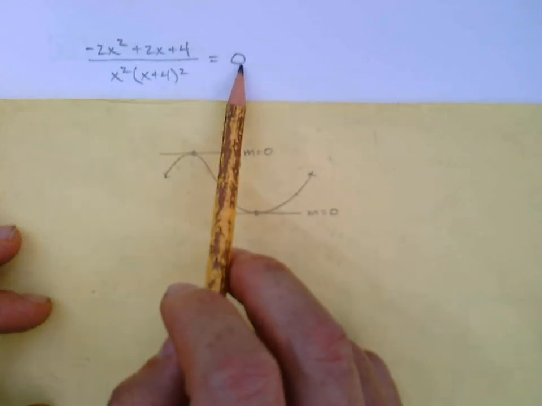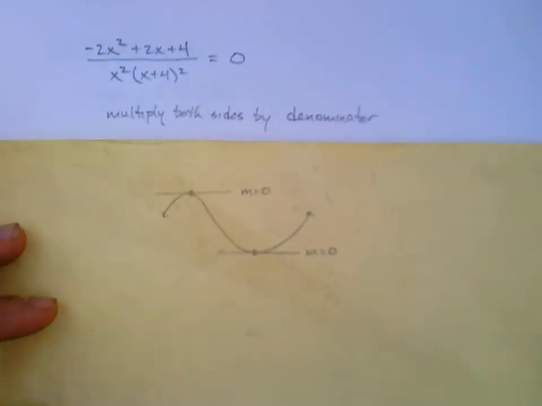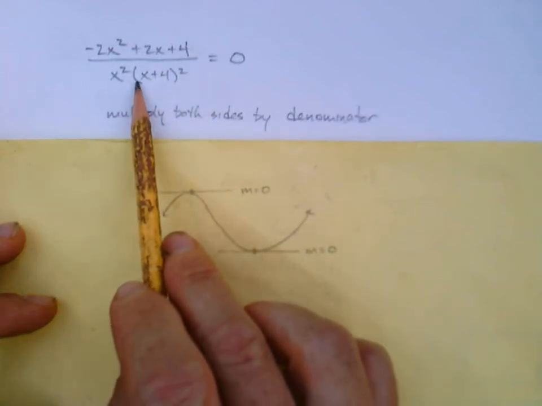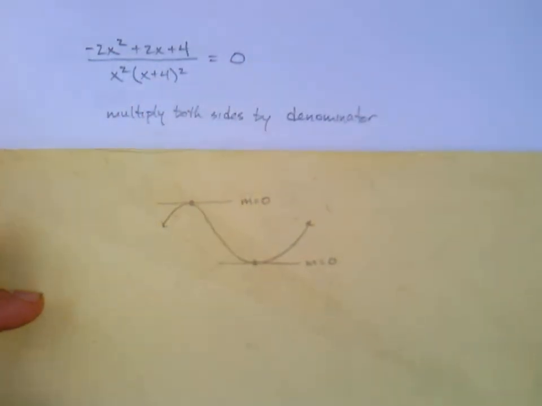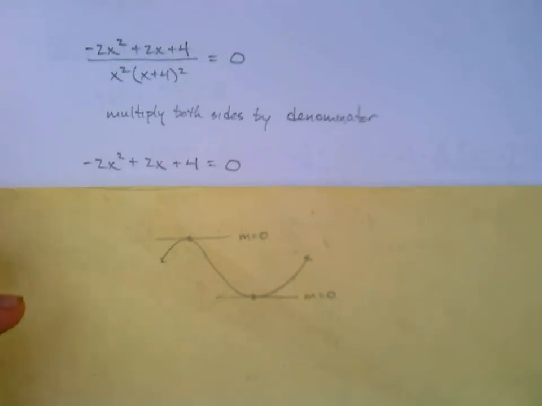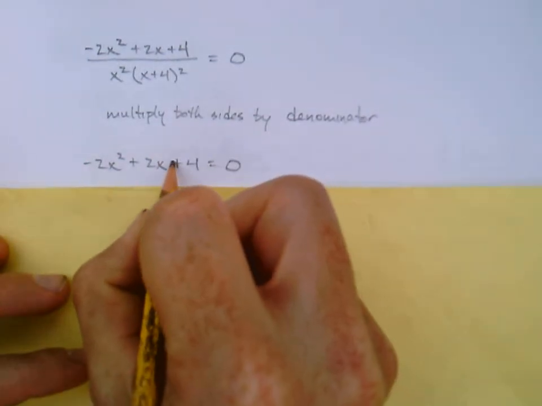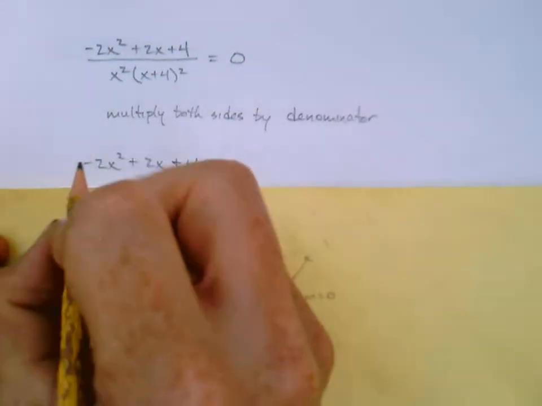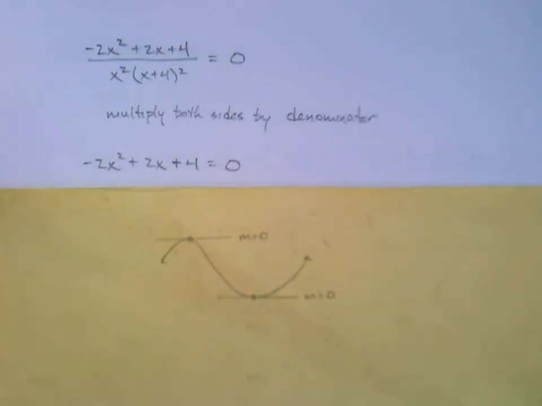Multiplying it on the right, well, you're multiplying by 0. Multiply both sides by that denominator right there. And when you do, it gets a lot simpler real quick. Negative 2x squared plus 2x plus 4 equals 0.